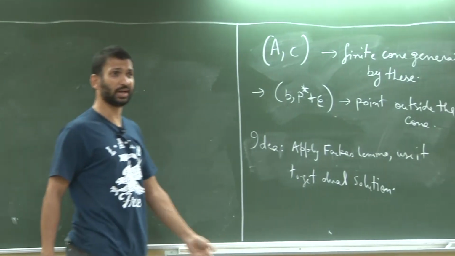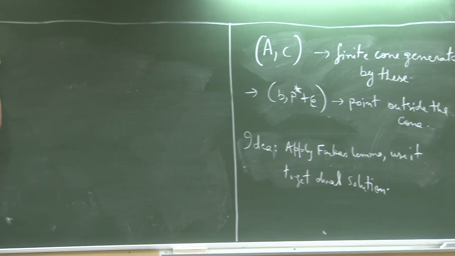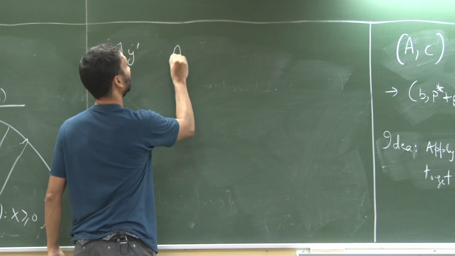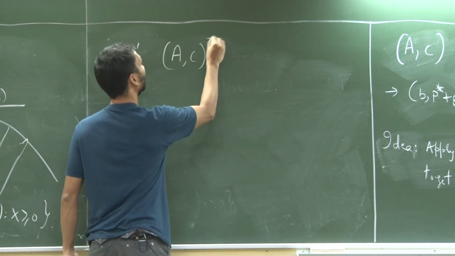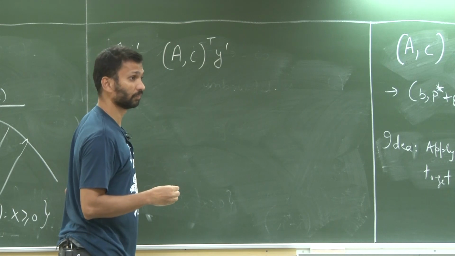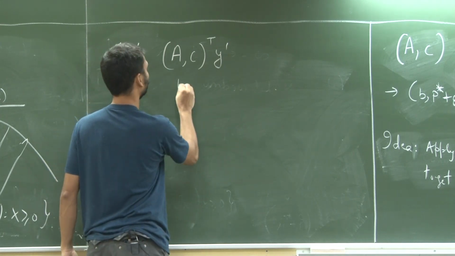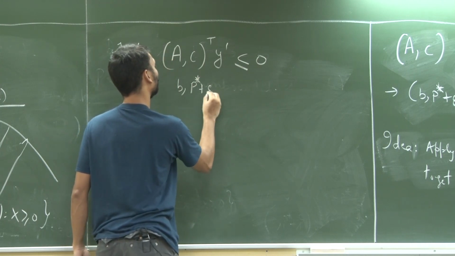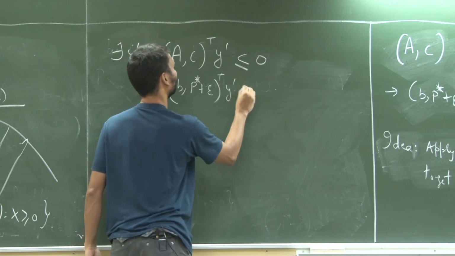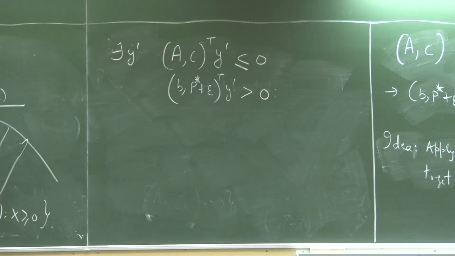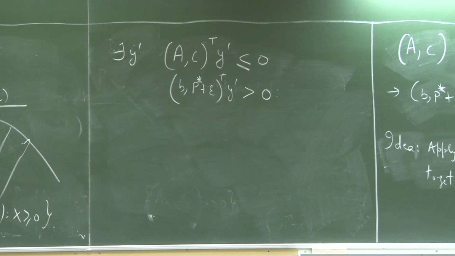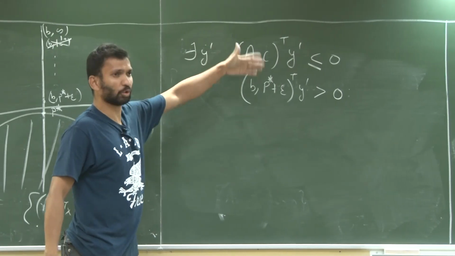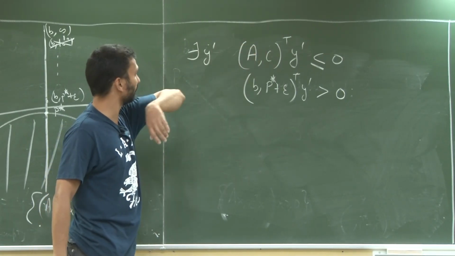There exists a y, or there exists a y prime, such that, let me just see if this is the sign I want. Okay, yeah, this is fine with me. And obviously if you want to reverse the sign, you can multiply by minus, but there is a y prime like this.